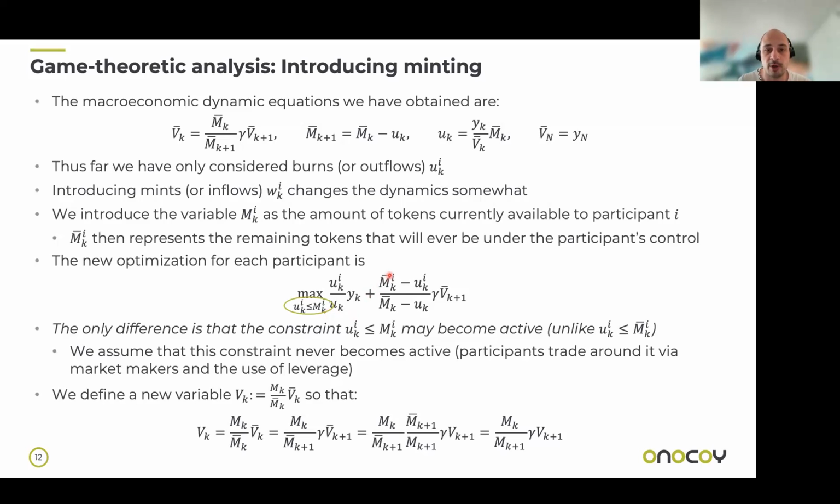So M bar and M are terms that are related to each other via the minting. So M bar always decreases, but it contains the information of how many tokens are going to be minted to basically replenish M, which is the amount of tokens you have in your hand. But your burn can never be greater than M, at least at first.